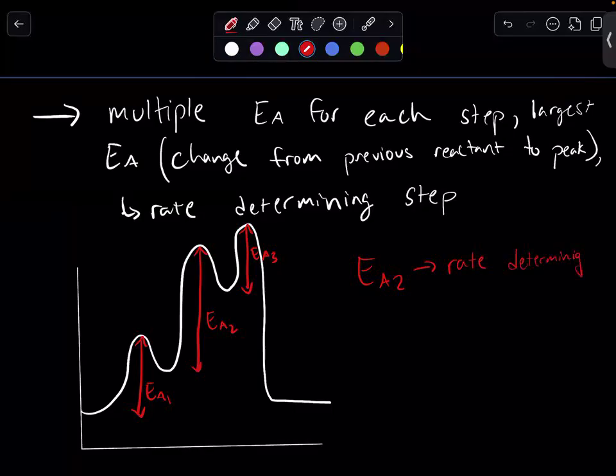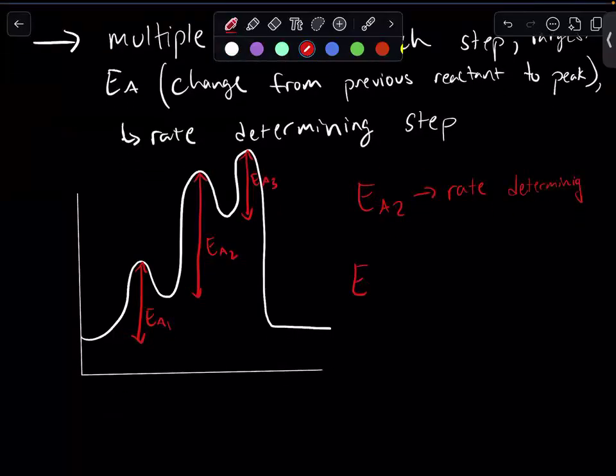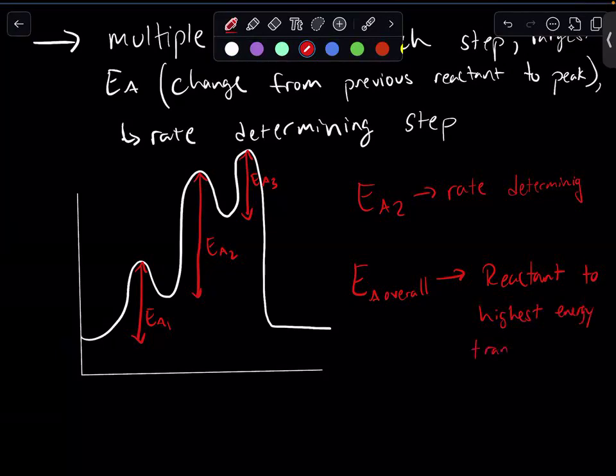But one of the other things we also get is that the EA overall is actually going to be the reactant to highest energy transition state. So in our case, our EA overall will be this whole bar matching with that peak.